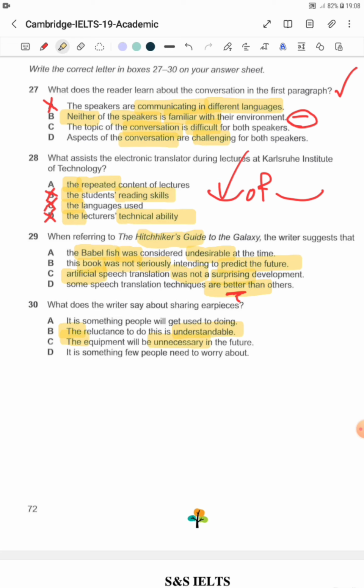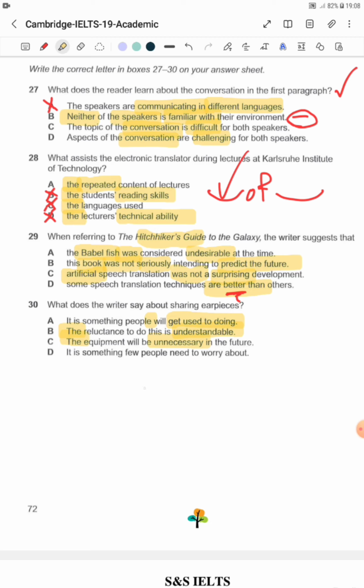Okay? Let us check A and D. Get used to doing. In the future, will is really important. And B, worry about. People need to worry about. Do you know why?